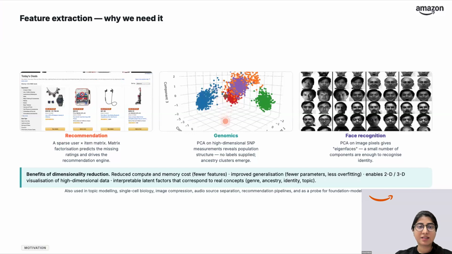The second is genomics. Basically, you have very high dimensional SNP measurements as features for different people, right? What we want to do is identify the clusters, and you don't have the actual labels available.